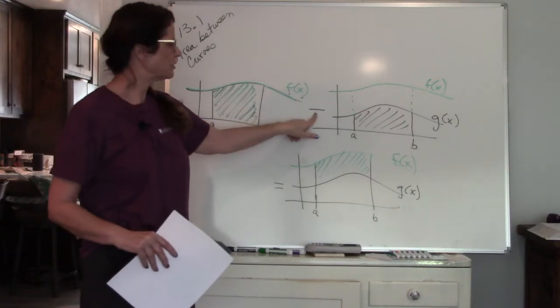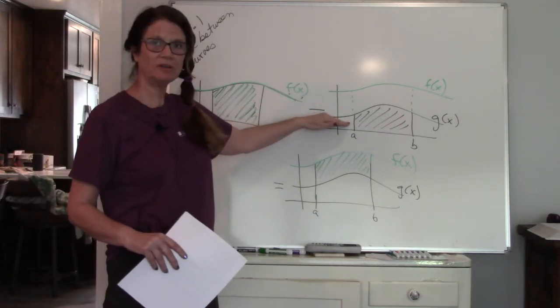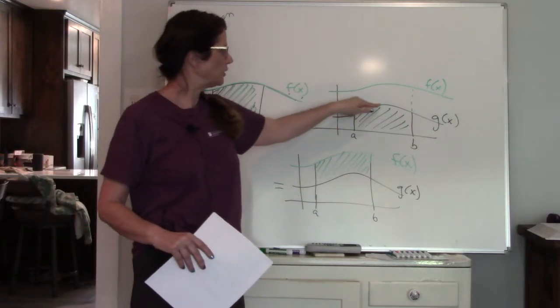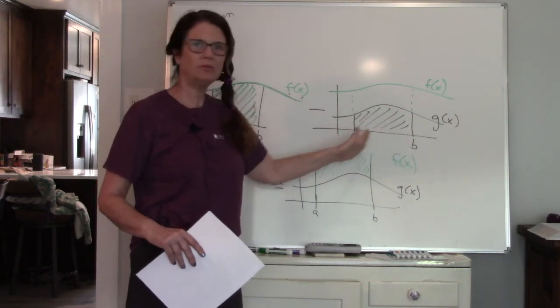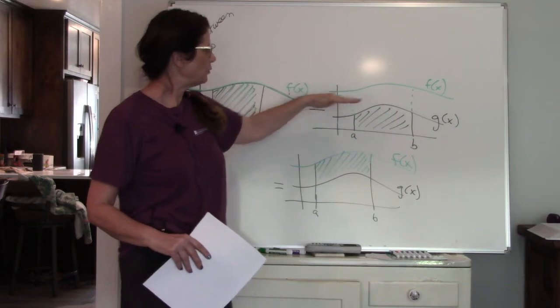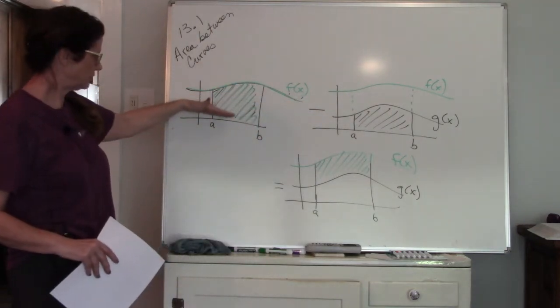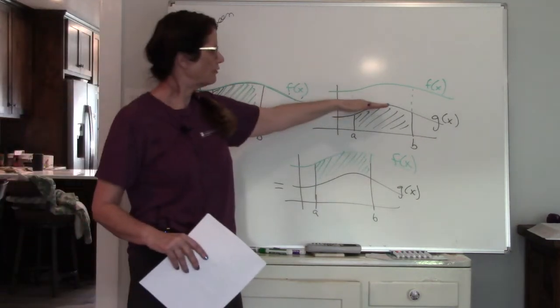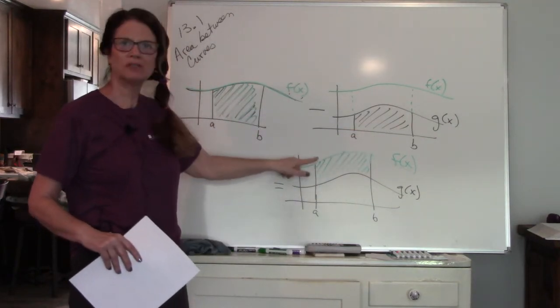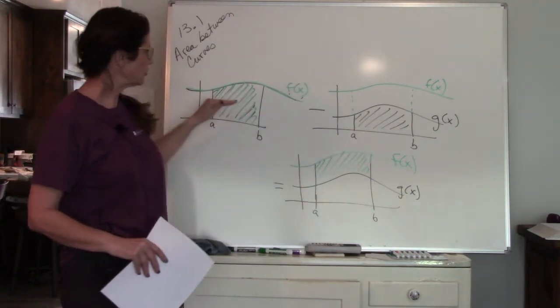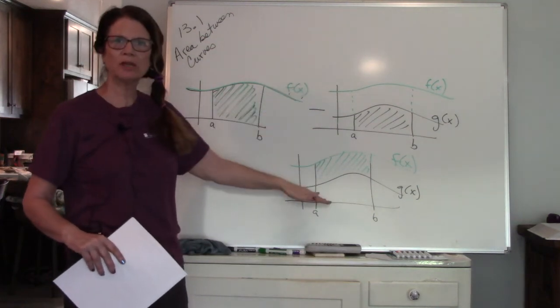Now, if I subtract off the g function, which is below the f function, still in between a and b, you can see that when you have this whole amount and you subtract off the lower amount, what you end up with is the area between the two curves. This is just a visual of what we're going to be doing.